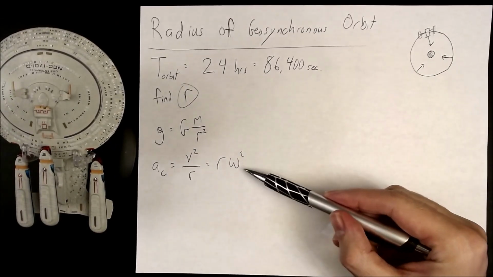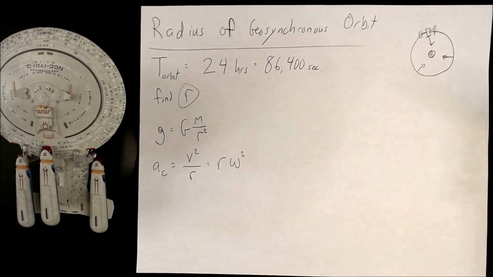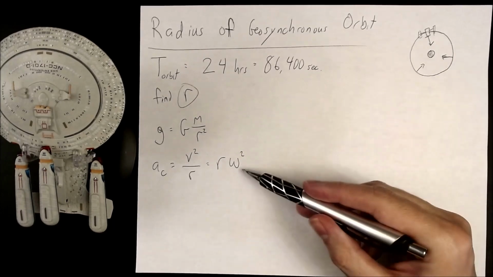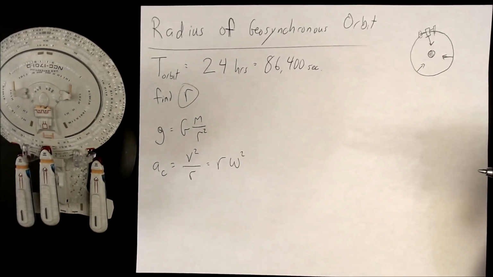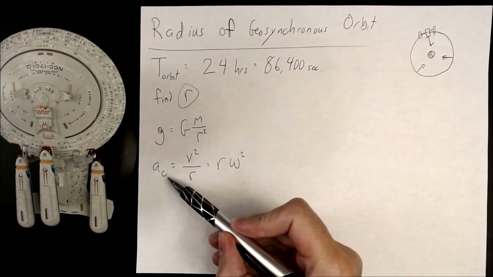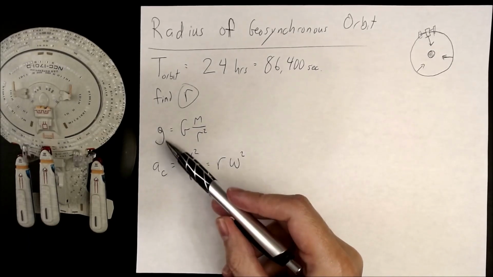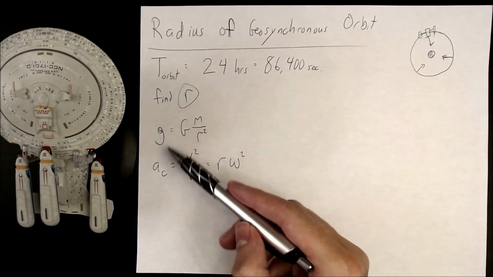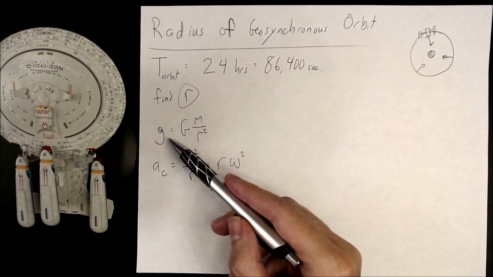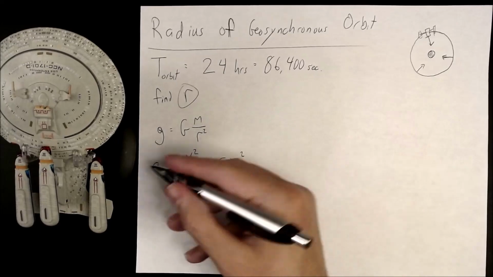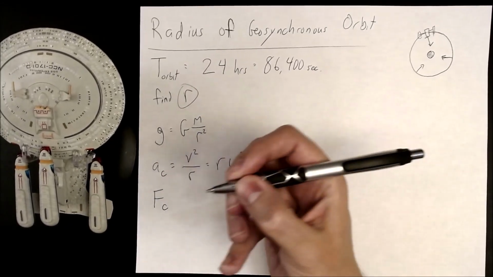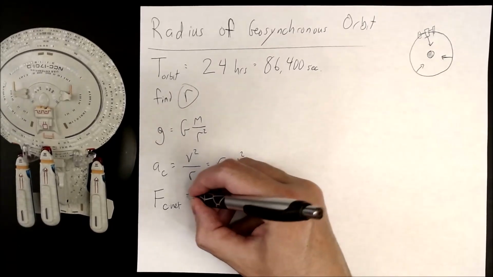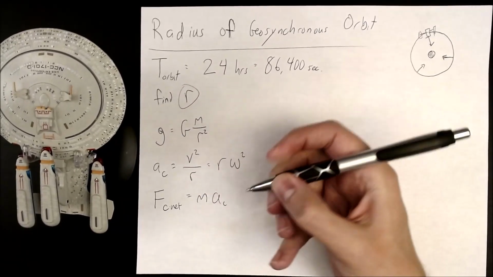I'll tell you that using omega is probably going to be our best bet for finding out what to do with this. The centripetal acceleration is equal to the acceleration due to gravity, because the net centripetal force is equal to the mass times the centripetal acceleration.